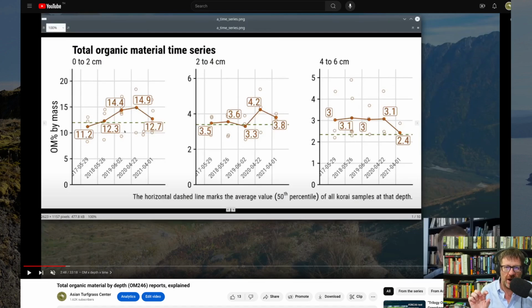It's looking at how the organic material in the soil changes over time. And it changes over time based on three things. It changes over time based on how much organic material is produced based on grass growth. It changes over time based on how the organic material decomposes through natural processes.